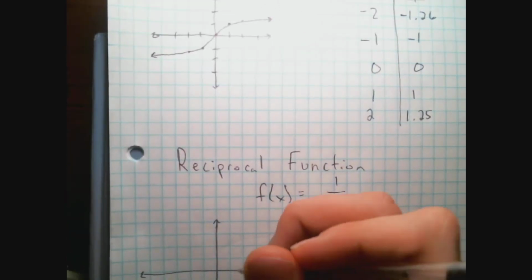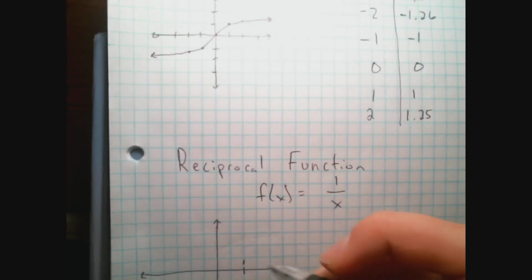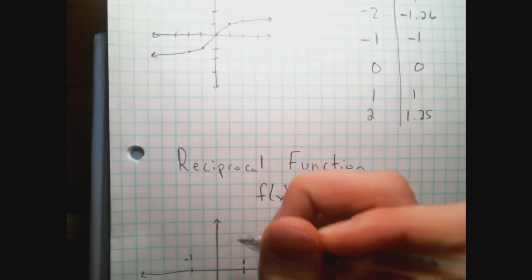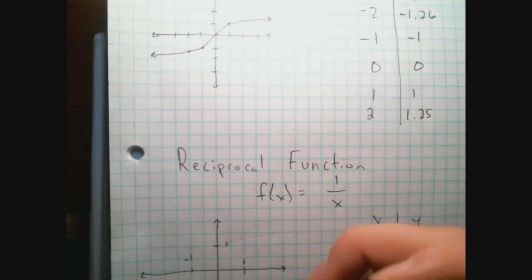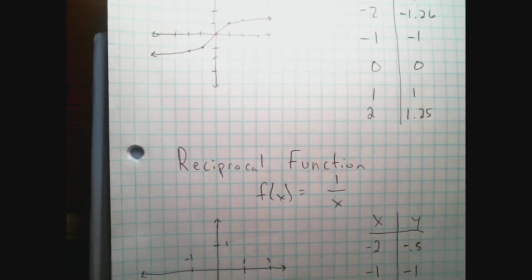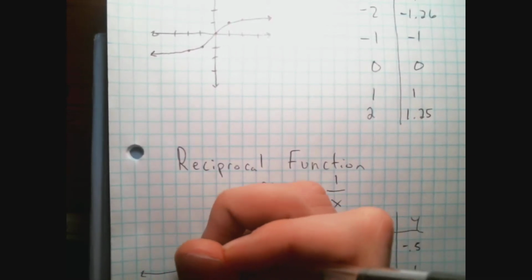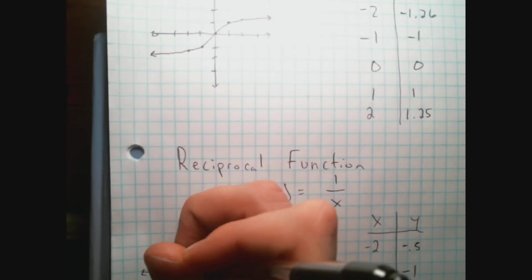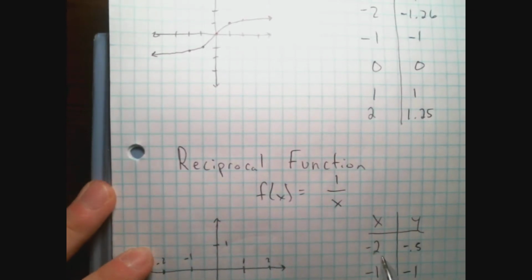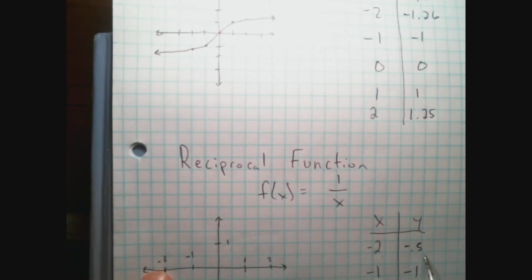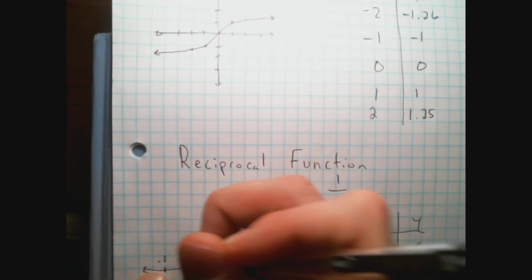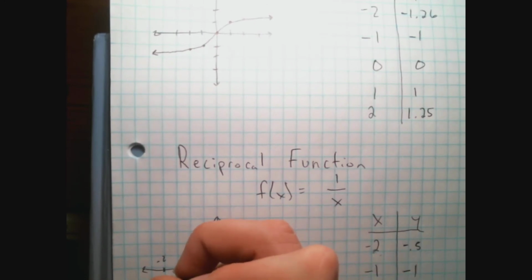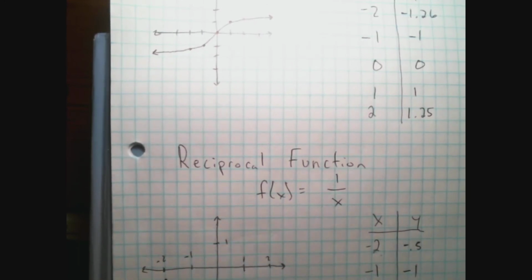So over here at our graph, this would be -2. Alright, so when x is -2, y would equal -1/2. So it would be right there.